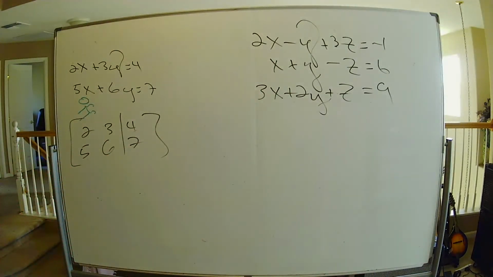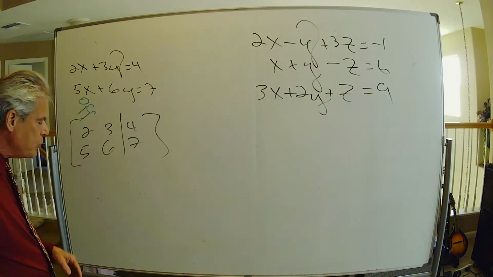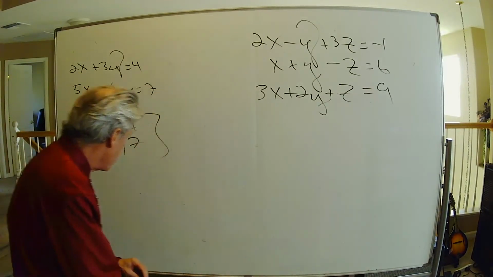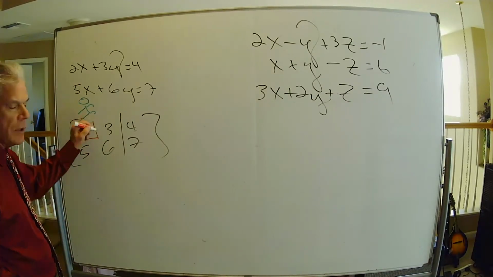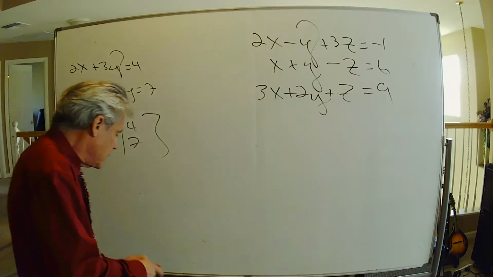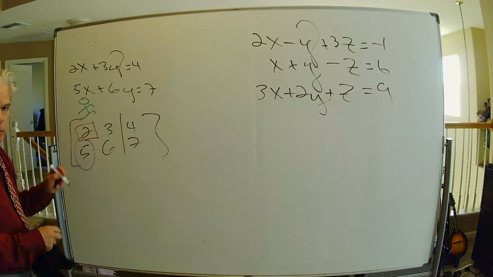Looks good. So I'm going to plant my feet on the first column and identify which entry in the first column resides along the main diagonal. That'll be the 2. I'm going to force that to be a 1. When I'm done, I will force everything else in the first column to be a 0.